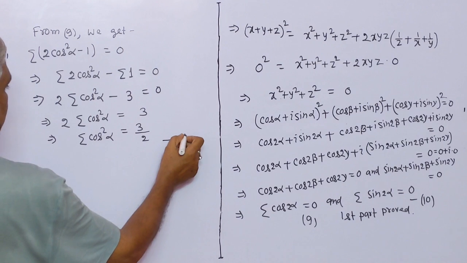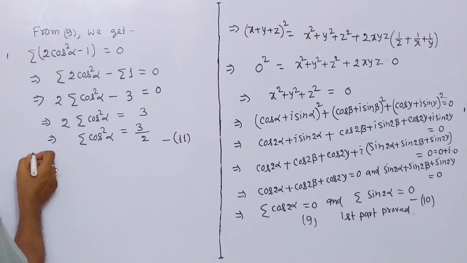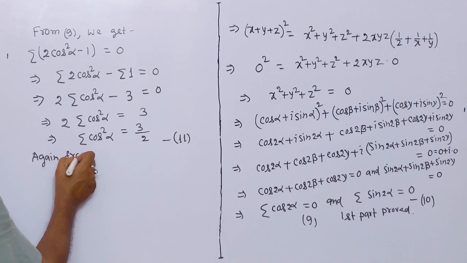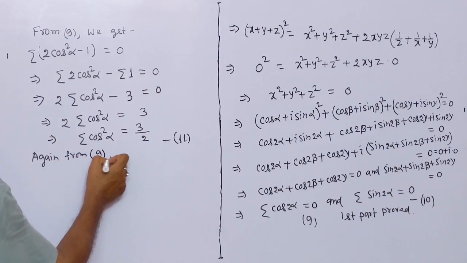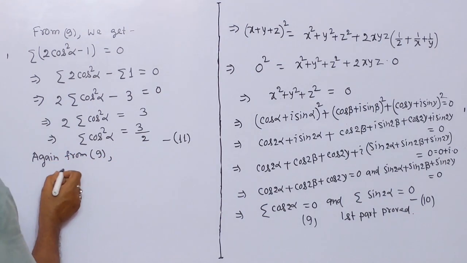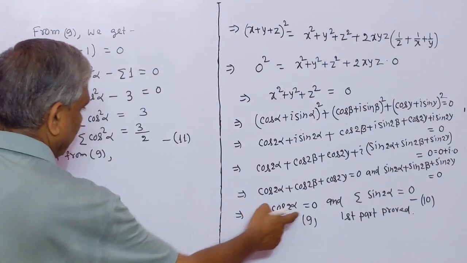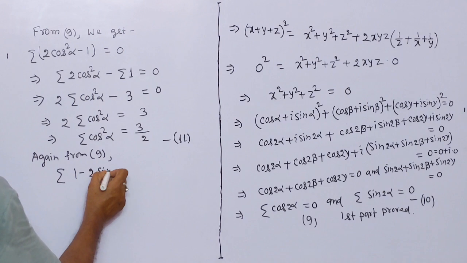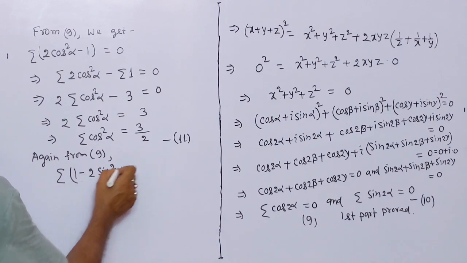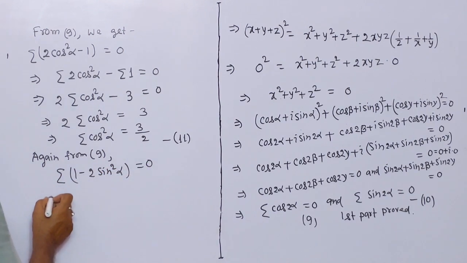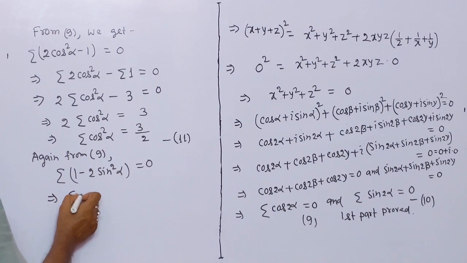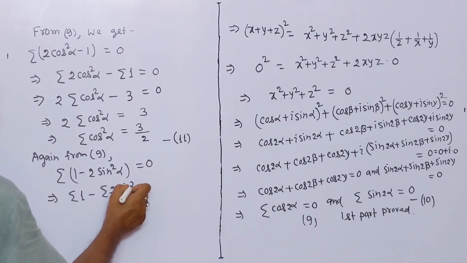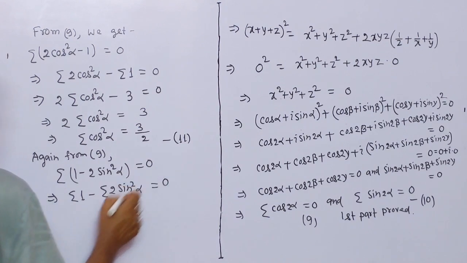This is 11. Again, from 9, sigma cos 2 alpha may be written as 1 minus 2 sin square alpha, and this is 0 implies that sigma 1 minus sigma 2 sin square alpha equal to 0.